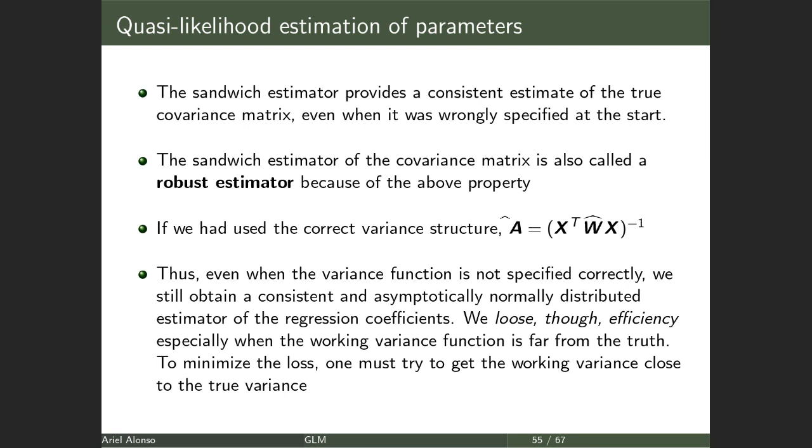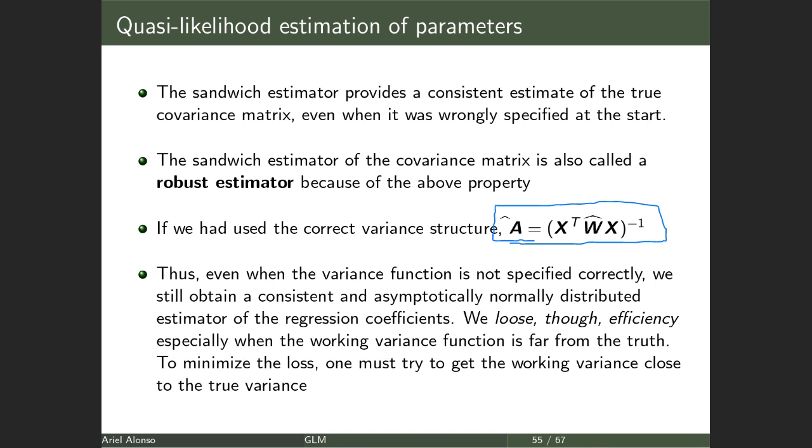It becomes just what you would expect if you got the variance right. So even when the variance function is specified in an incorrect way, when the working variance is wrong, you can still obtain a consistent and asymptotically normally distributed estimator for your regression coefficients using this quasi-likelihood approach.